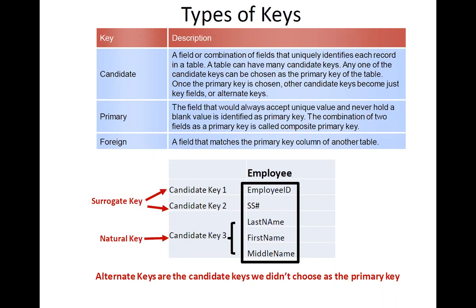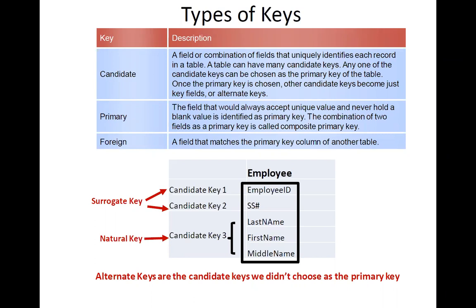Once we have selected employee ID as the primary key of this entity, the other two candidate keys, that's SS number and the combination of names, become alternate keys. It's just a new term, alternate key. We also introduce a new concept here, a surrogate key versus a natural key.